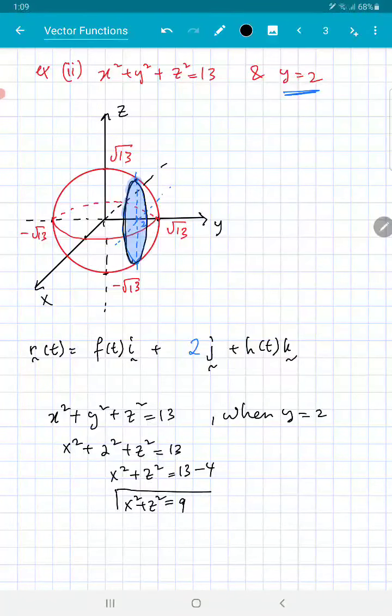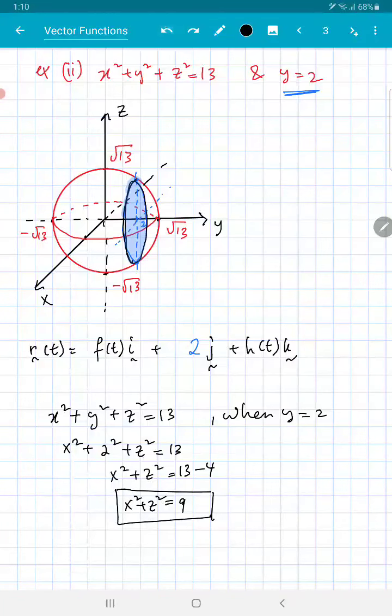This is an equation of a circle of radius 3. So we know that the radius of that circle is 3.